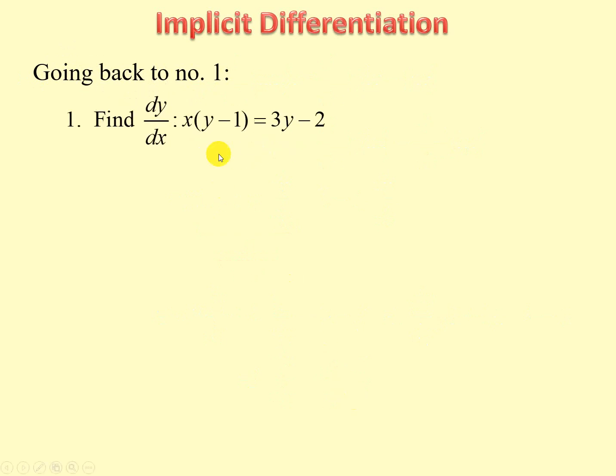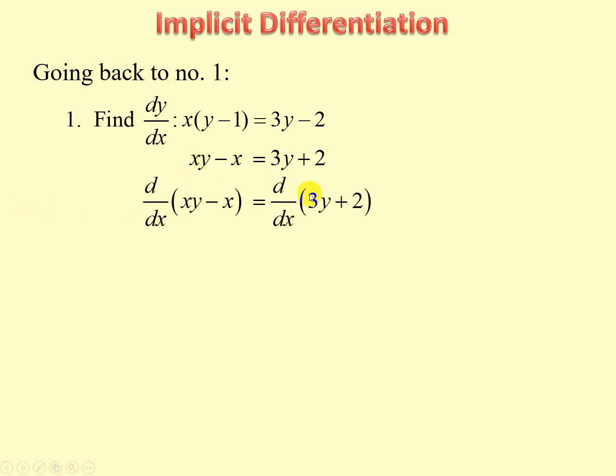Let's go back to the number 1 we did, this one here. Now remember, we multiplied it out and then made y the subject of the equation. Let's rather do it by implicit differentiation. So I multiplied it out anyway, just to make it a bit simpler. Now, derivative of the left equals derivative of the right.